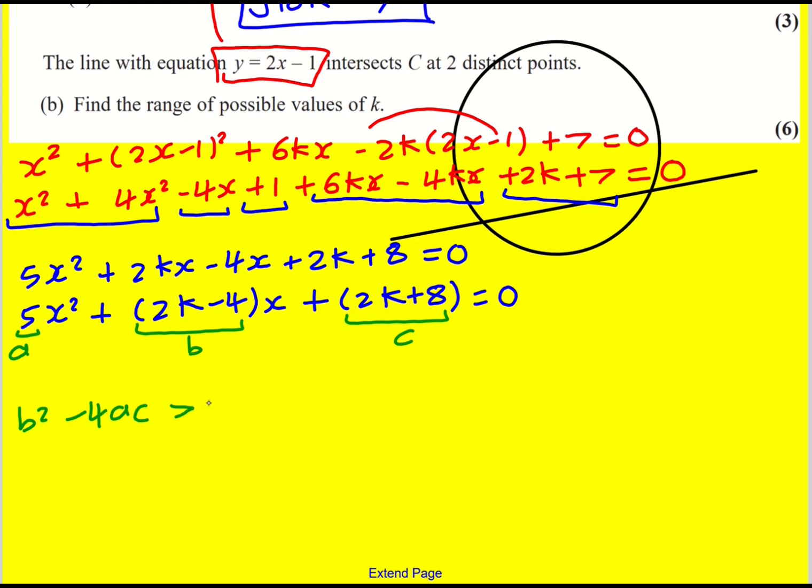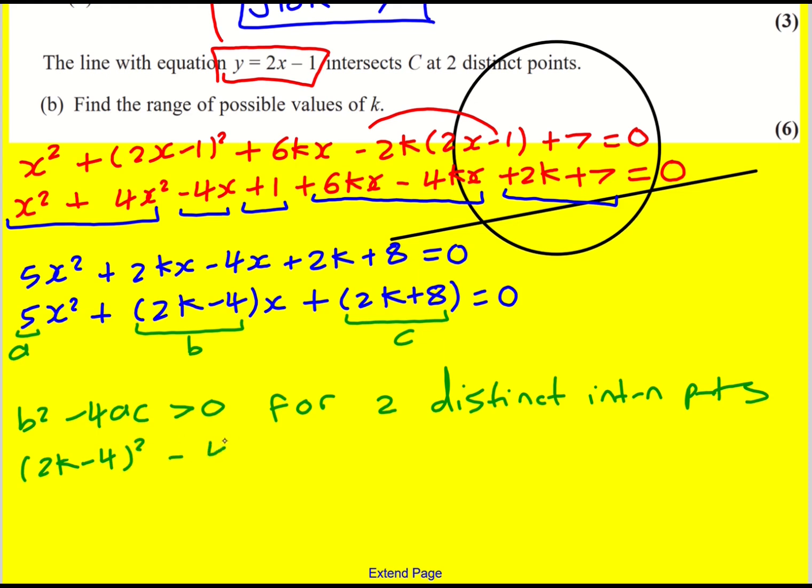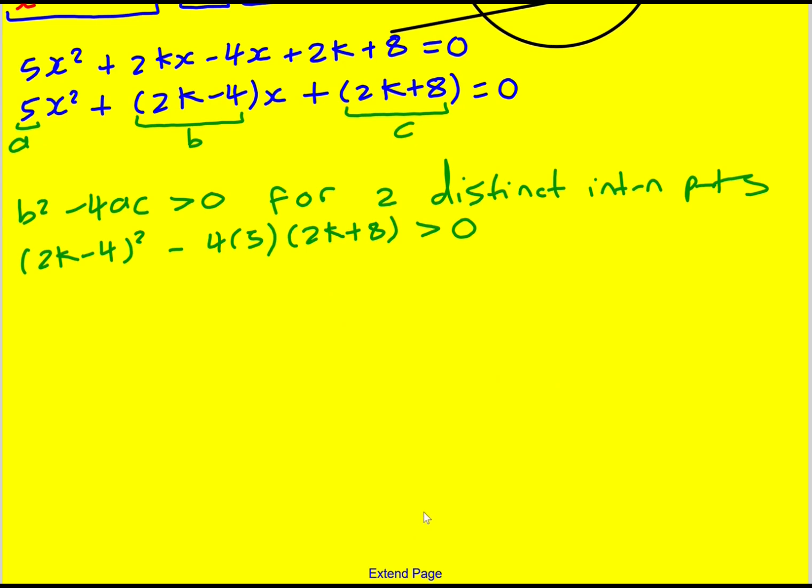b squared minus 4ac is greater than 0 for two distinct intersection points. Therefore, (2k minus 4) squared minus 4 times 5 times (2k plus 8) is going to be greater than 0. And now I've got a quadratic inequality in k.